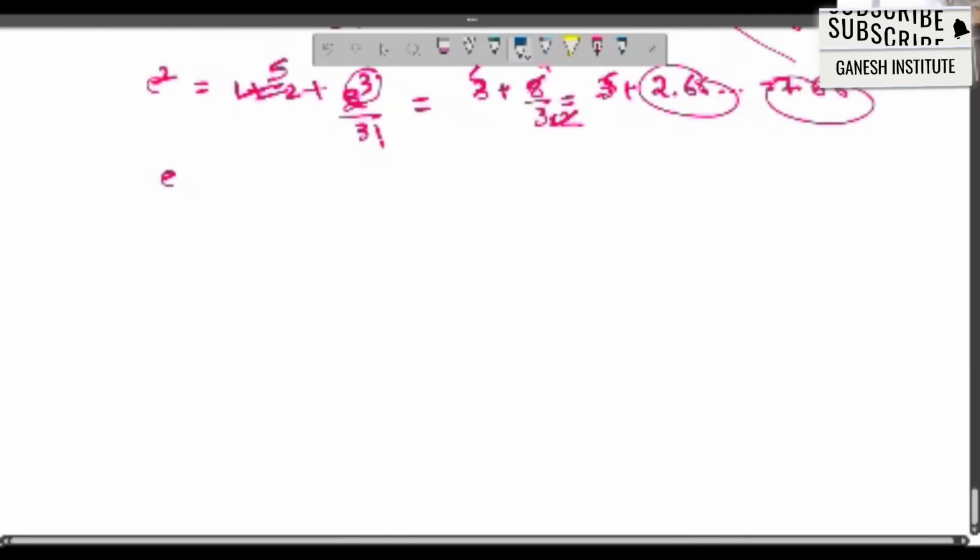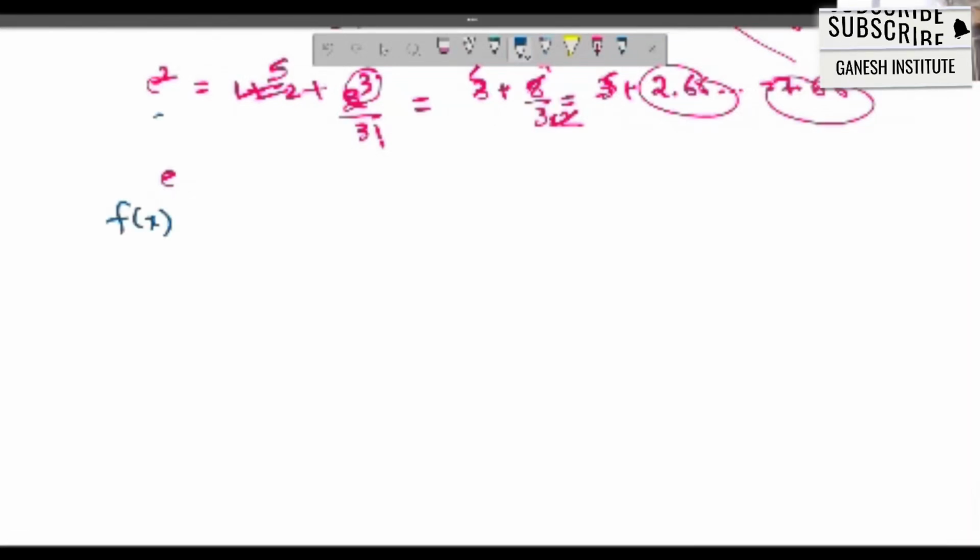Okay, now let's say you have any function. It can be exponential, 10x, sine x, or x square plus 3x, any function. Let's say this is f(x). As per the Taylor series, do you remember the formula?